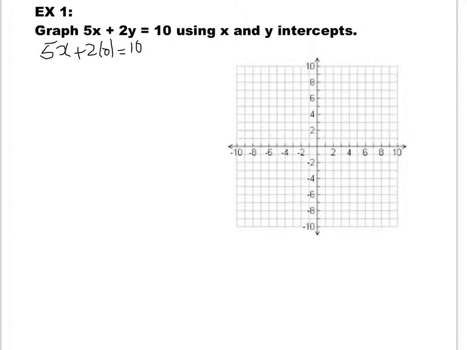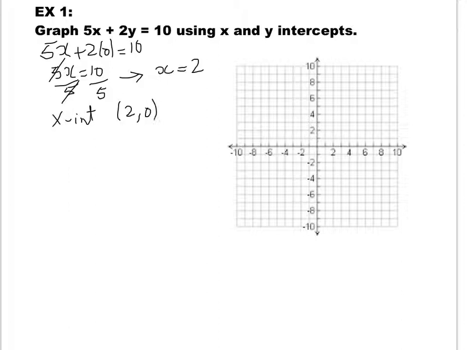We know that 2 times 0 is going to give you 0, so we get 5x is equal to 10. Dividing both sides by 5 gives you x is equal to 2. So the x-intercept is going to be the point (2, 0).